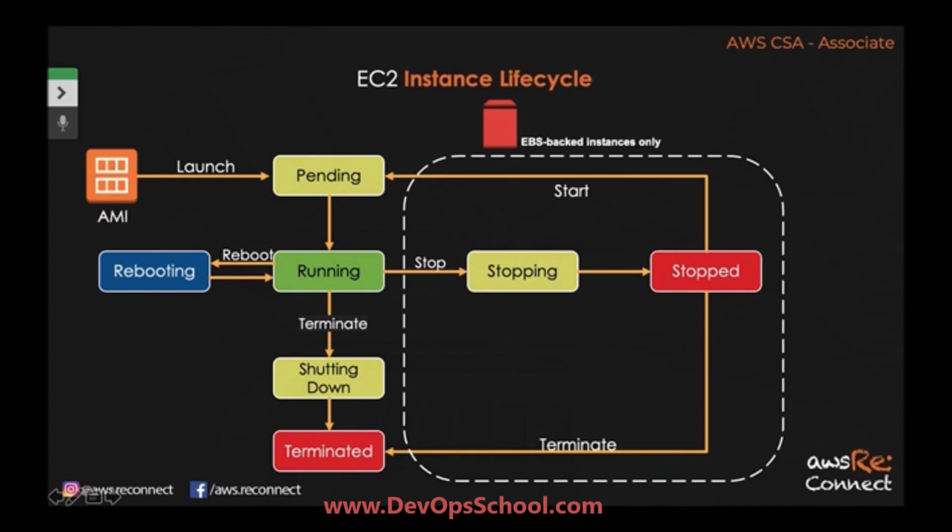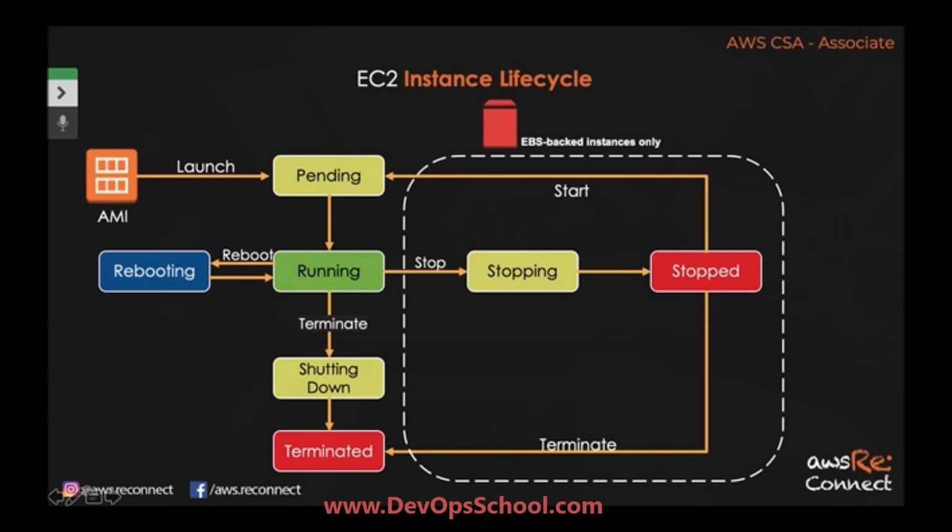Now I can detach this volume from EC2 and then terminate this machine. And while creating a new EC2 machine, I can select this volume again, which will contain all this data. So in this way, you can persist your data even if your machine gets terminated. You can take a backup of this machine, or you can take a backup of this data also.